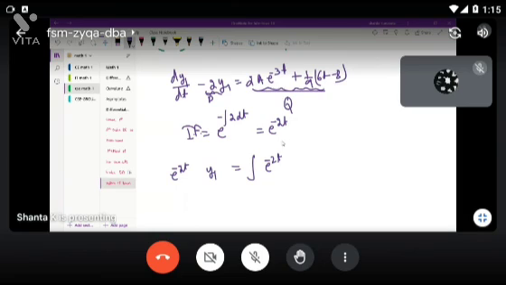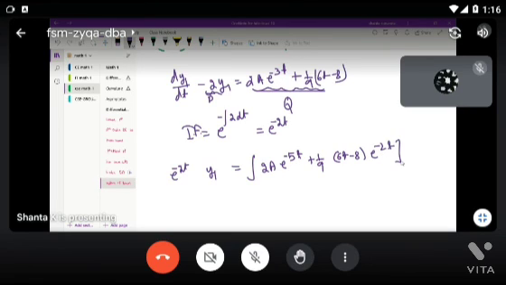If you multiply, you can also multiply with this one, then it will be e power minus 5t. 2a e power minus 5t plus 1 by 9. So e power minus 2t y1 into a e power minus 5t. Here we have multiplied e power minus 2t dt and b is the constant. So you can integrate now.